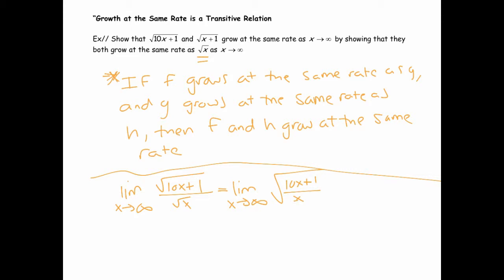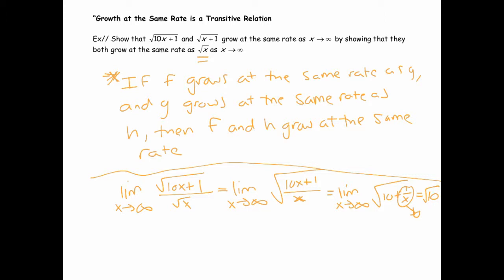The square root of the numerator divided by the denominator is just the square root of the fraction in general. And then by situating it like this, the inside becomes easy to understand because it's just 10 plus 1 over x once you simplify. And as x goes to infinity, we can see this goes to 0, which means this whole thing goes to root 10.